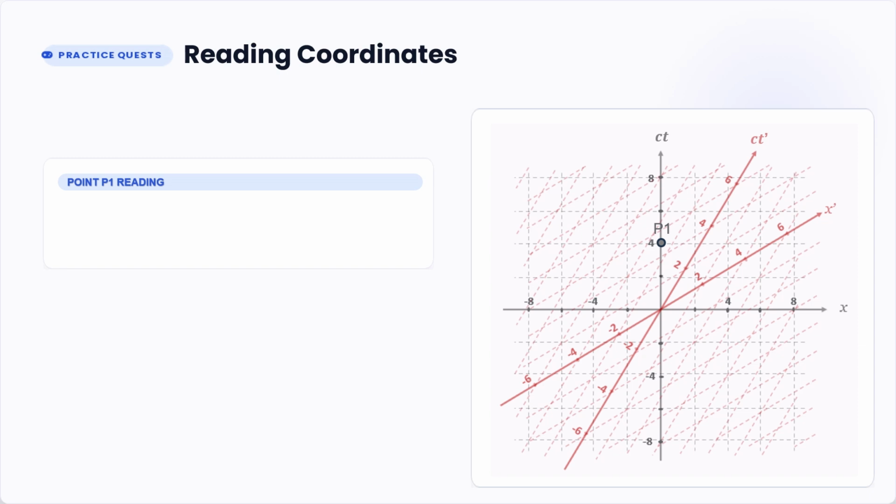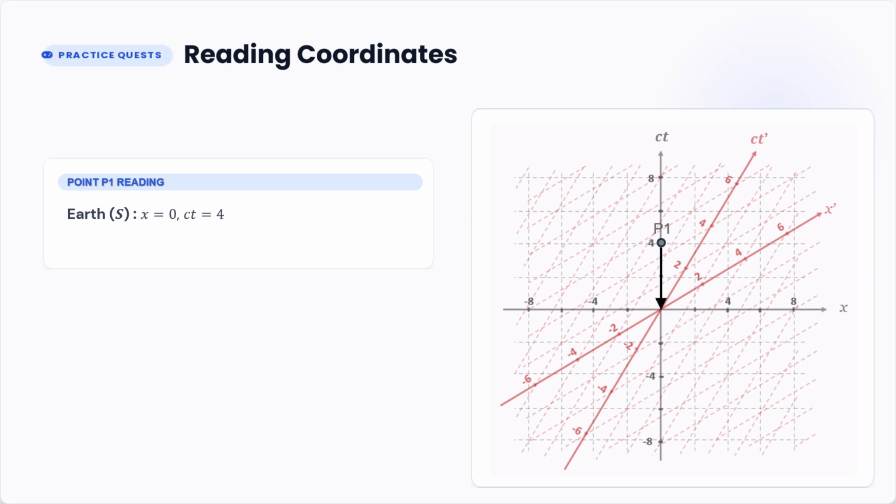Let's read the coordinates of point P1 using the orthogonal axes of the Earth observer, our black axes. Take a look at P1 on the map. The black axes are regular perpendicular coordinates, so this is super straightforward. From P1, draw a vertical line straight down to read the x-axis, and we get 0. Reading the CT axis, we get 4.